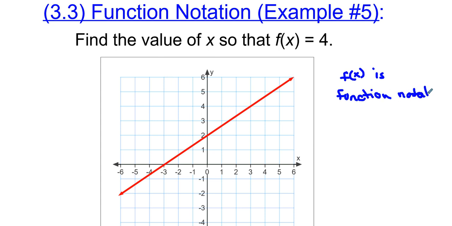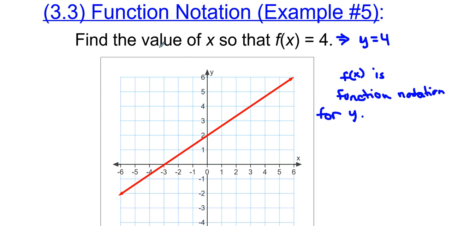That came from the very first slide that we were working on, where I told you f of x is function notation for y. So when this says f of x is 4, it says y is 4. So find the value of x so that y is 4.